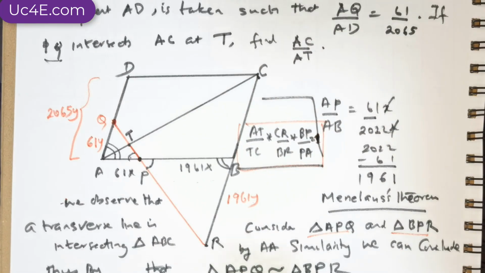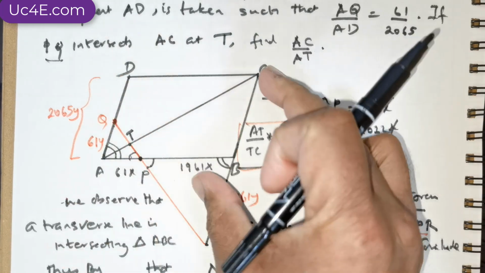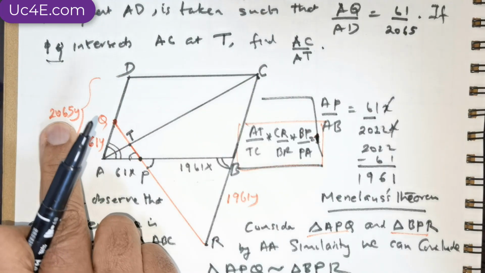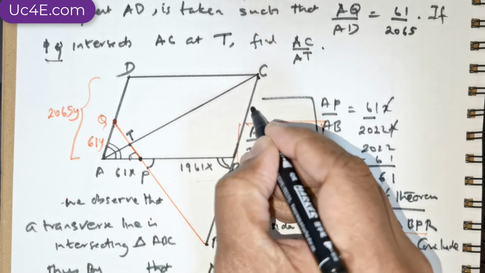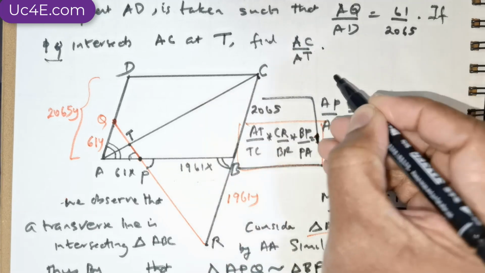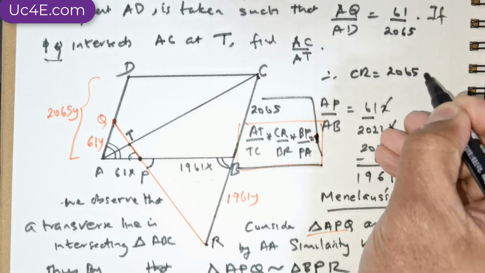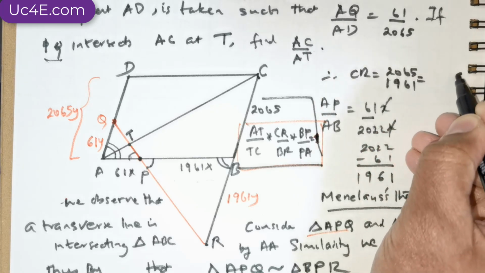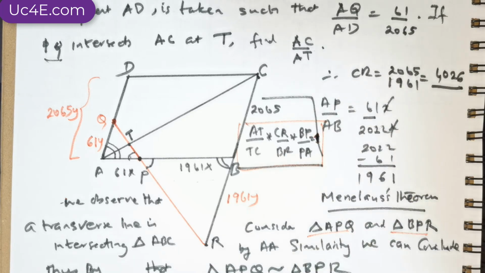Let's go back to the figure. This is CR. Now you see this is a parallelogram. This AD is 2065, so this BC is going to be 2065. So therefore, what is CR? CR is going to be 2065 plus 1961, which is equal to 4026.